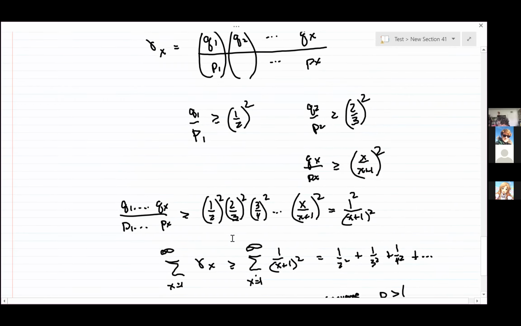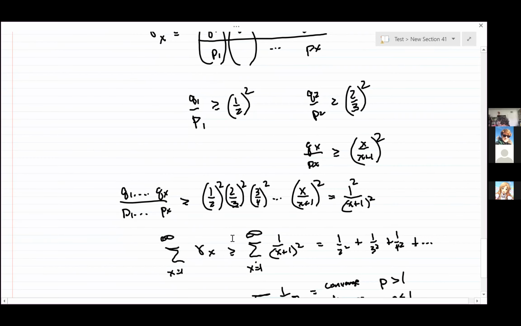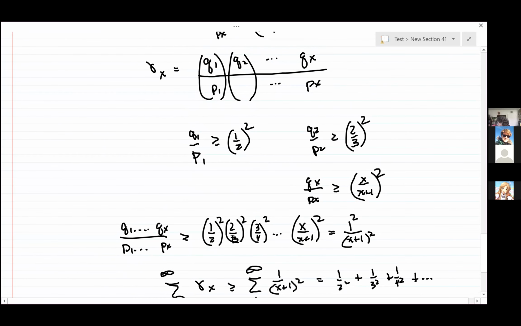Let's see, are the inequalities going the right way or not? I'm not sure. Maybe I wrote them going the wrong way. So let's go back and look at 29. And what do we have for these things?